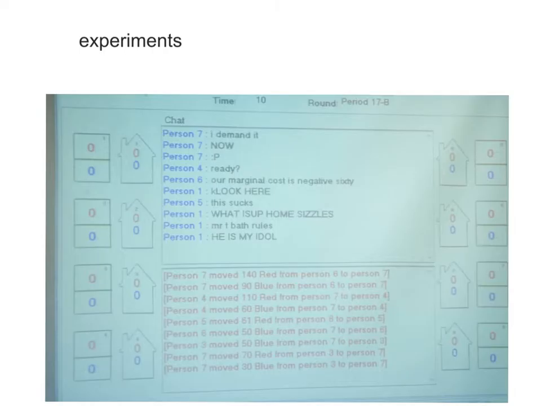So an experiment is, in a sense, another way to model an economic question of interest, with the difference that the outcome in the model is not going to be determined by math. It's going to be determined by the actions of actual, unpredictable human beings.